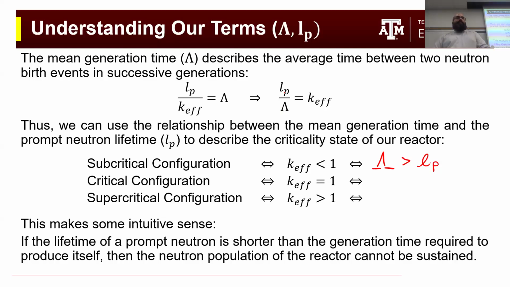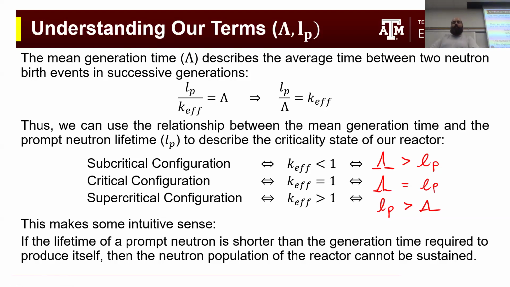If these quantities are exactly equal, then K effective would be 1, which would be critical. And supercritical would mean that the prompt neutron lifetime is bigger than the mean generation time.